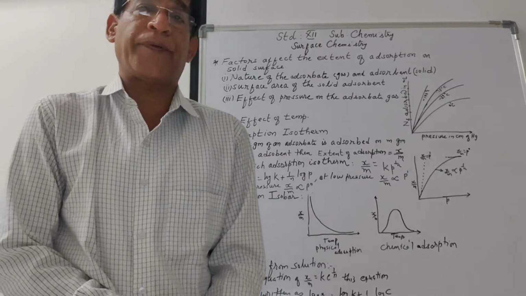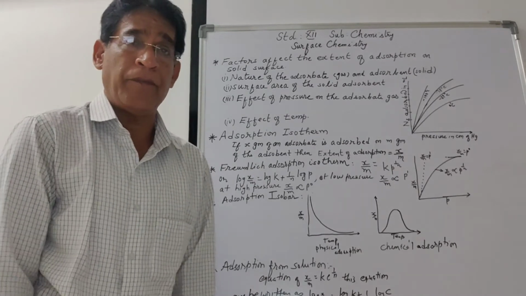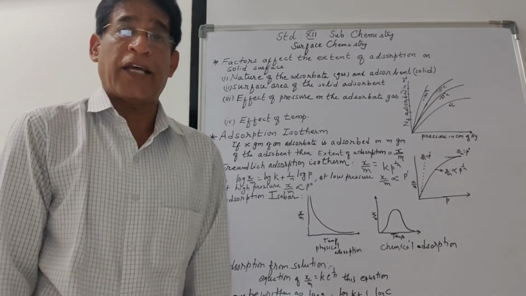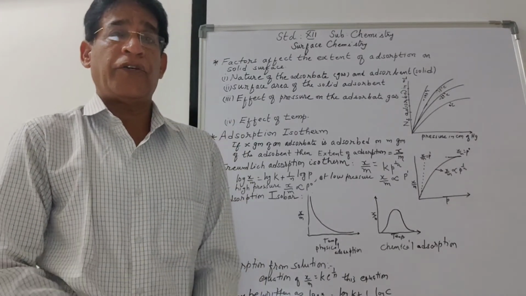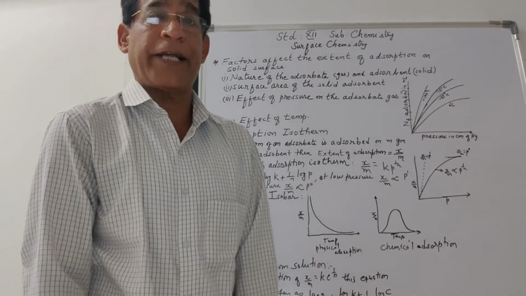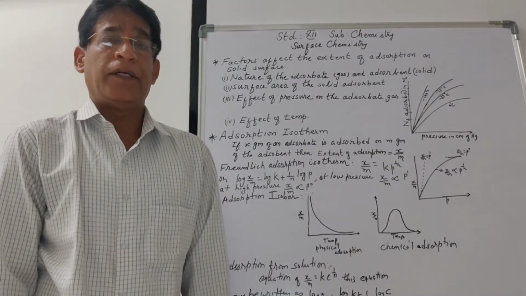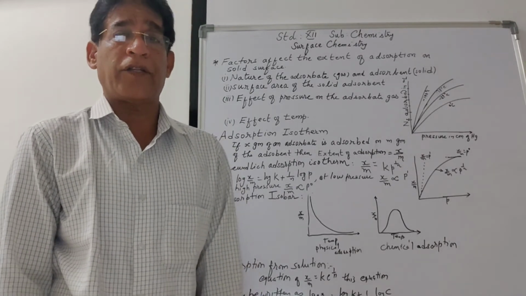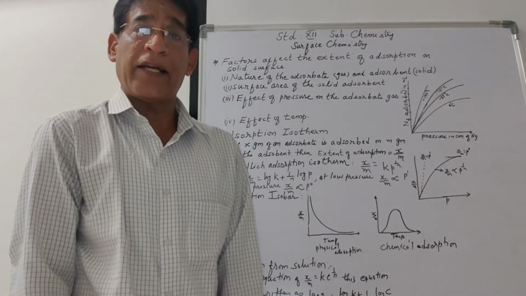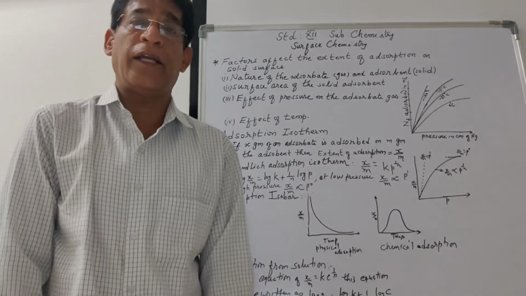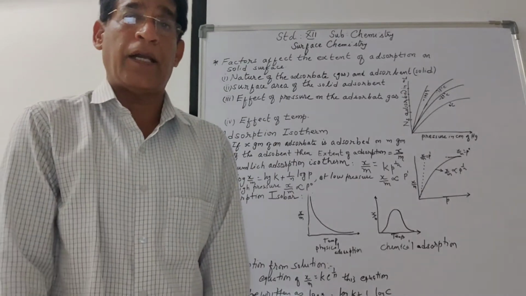The physical adsorption isobar shows a decrease in x/m throughout with rise in temperature, and the chemisorption isobar shows an initial increase with temperature and then the expected decrease. The initial increase is because the heat supplied acts as activation energy required in chemisorption, like a chemical reaction.